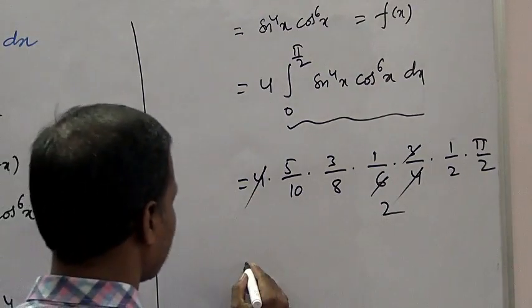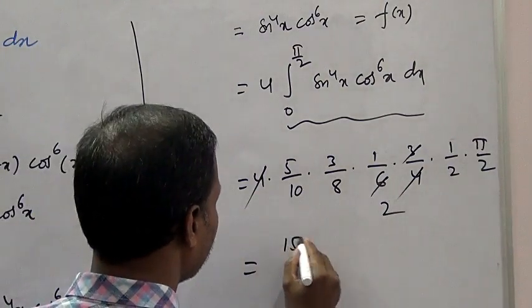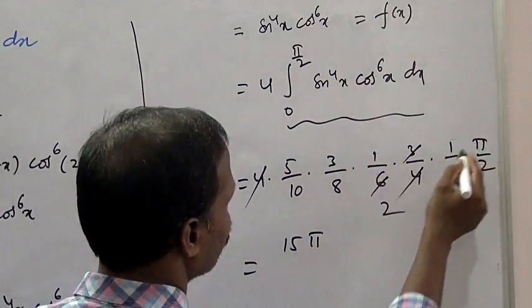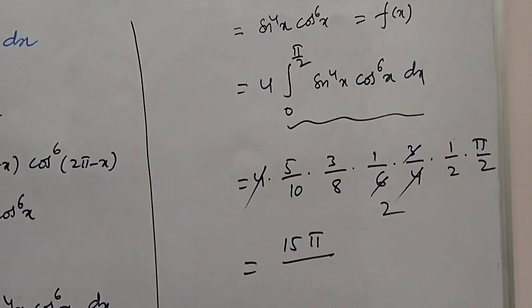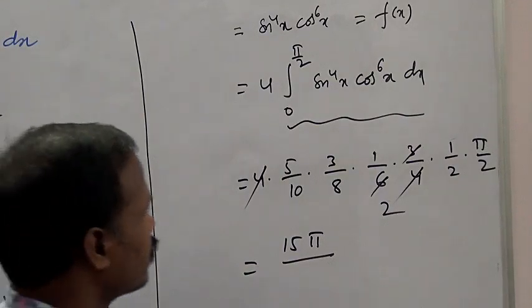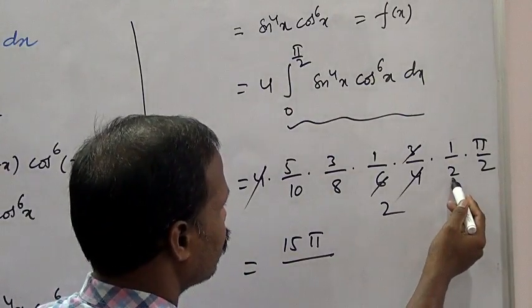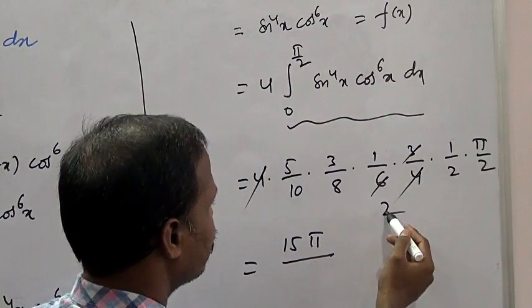Now this is equal to 15 pi in the numerator. So what is the value in the denominator? 2 2s are 4, 8.